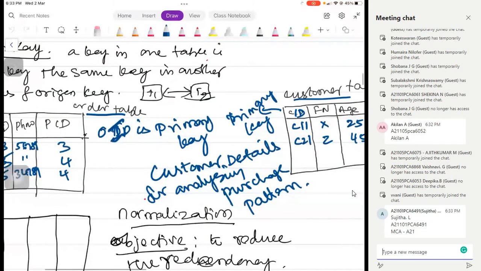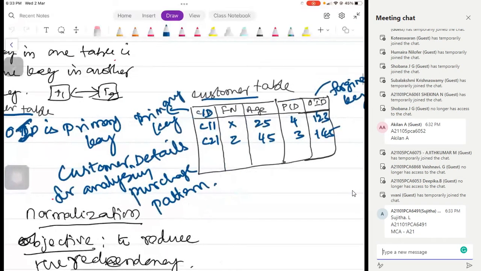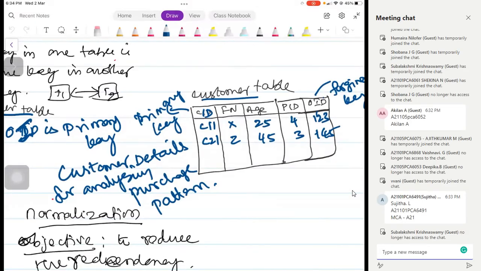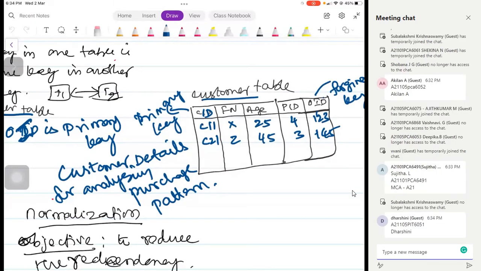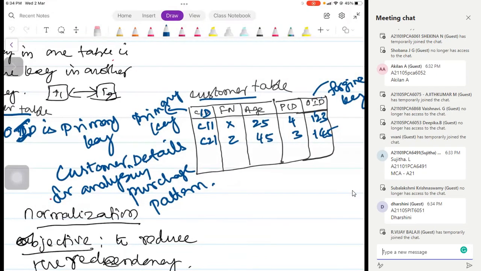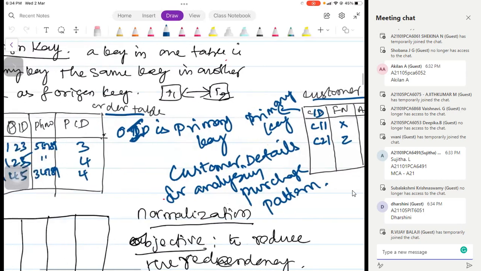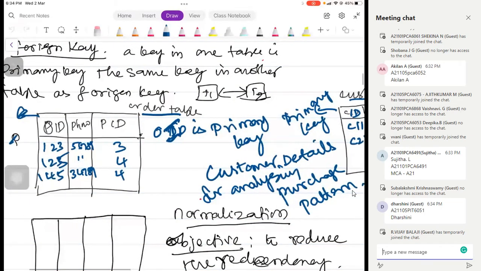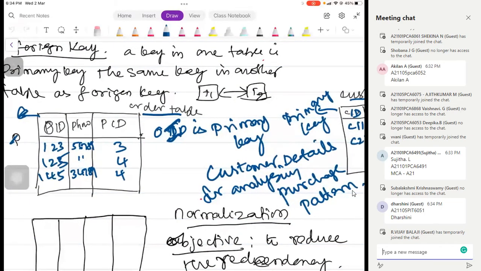But in the customer table, customer ID is the primary key, with first name, age, product ID, order ID. So for a particular customer, what are all the orders they have given. So order ID is a foreign key in the customer table, but the same order ID is the primary key for the order table.